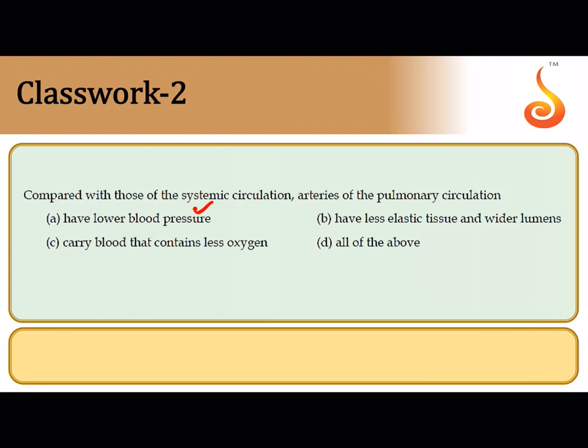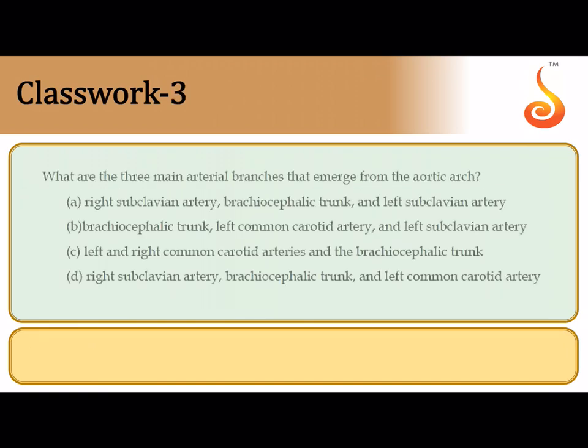So it is all of these in this case, because all these options are pertaining to the blood vessels which carry the blood away from the heart to the lungs. Okay, so remember that it is a shorter circulation and it has pulmonary arteries, and all these are correct answers for how pulmonary circulation is different from systemic circulation.